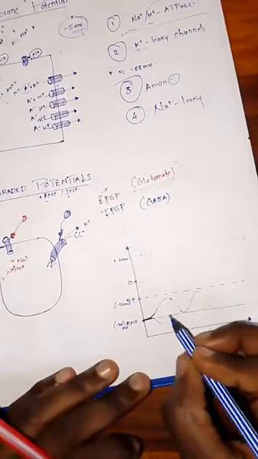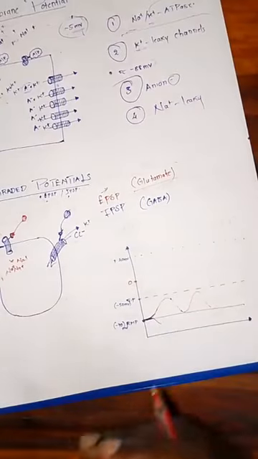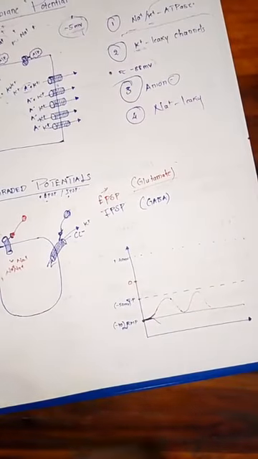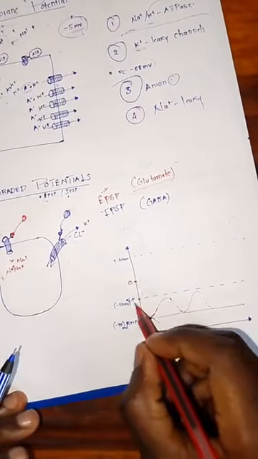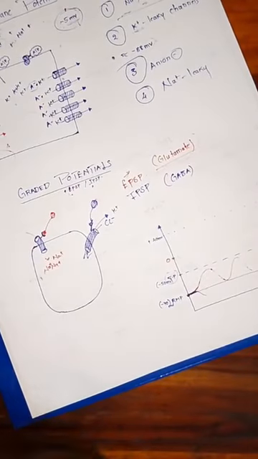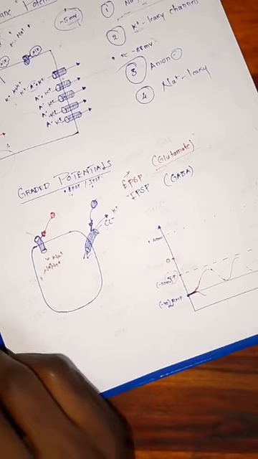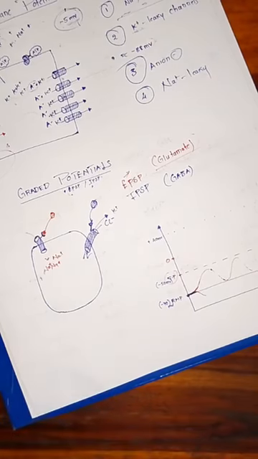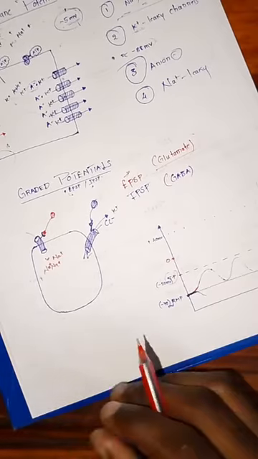So now, in a condition where you wanted to fire an action potential, but you cannot fire it because the stimuli is not strong enough to cause the resting membrane potential to reach threshold, there is a concept that works there that we call summation. Summation is basically just the addition of these graded potentials to determine whether the neuron will reach the threshold potential.